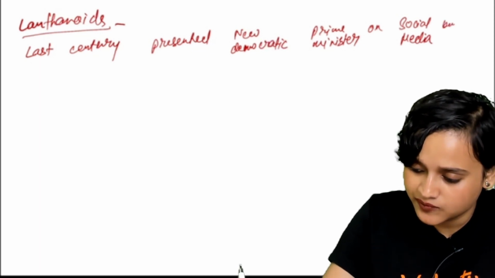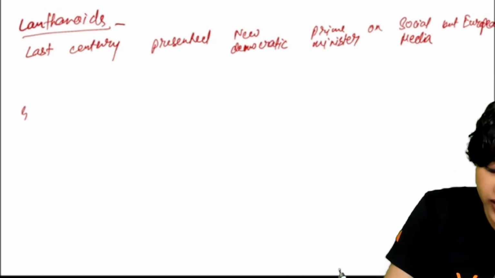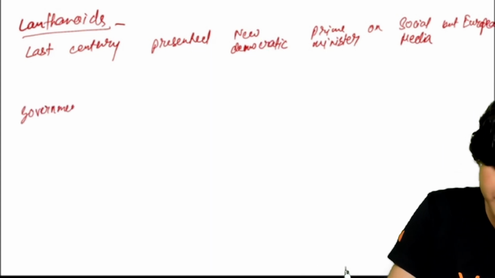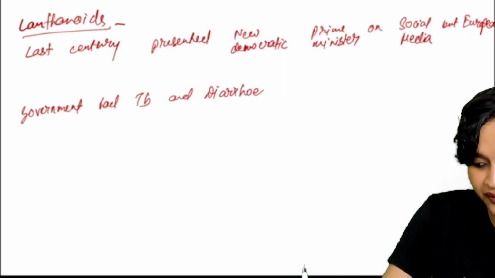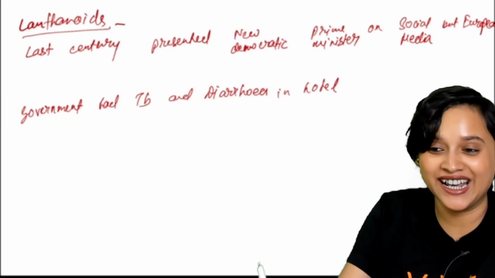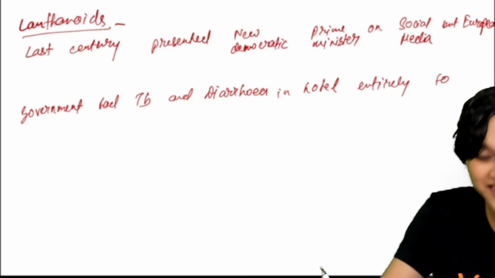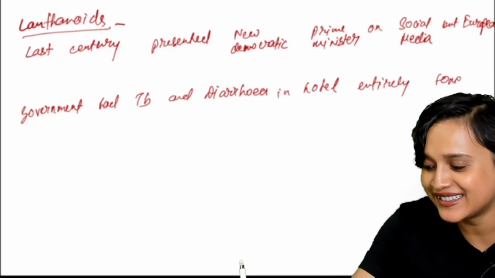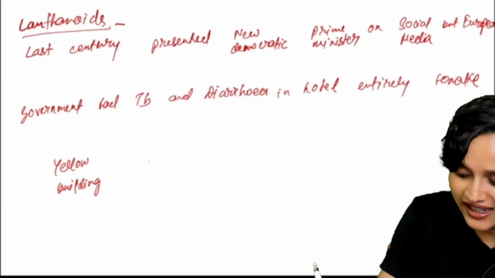But European government had TB and diarrhea in hotel entirely to make yellow building luxurious.